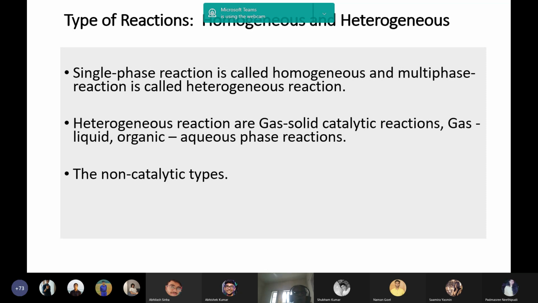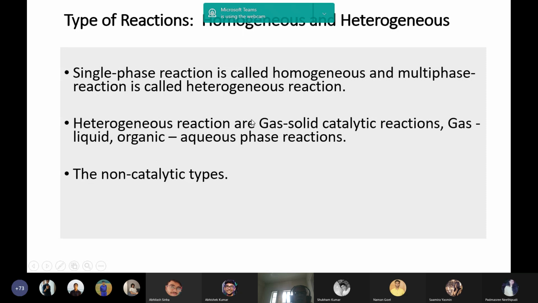But if A is dissolved in liquid and the reaction is taking place in the liquid phase only, then despite the presence of solid, the reaction is not heterogeneous, it is called a homogeneous reaction.